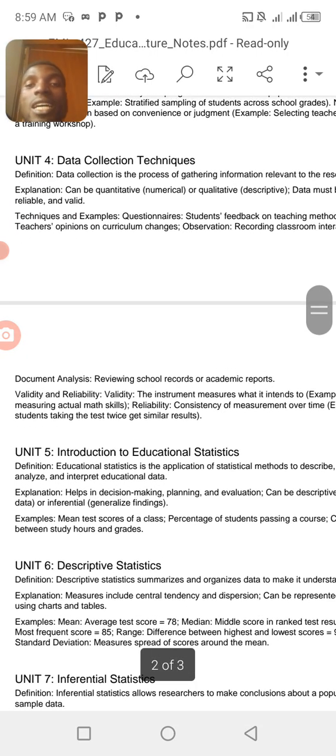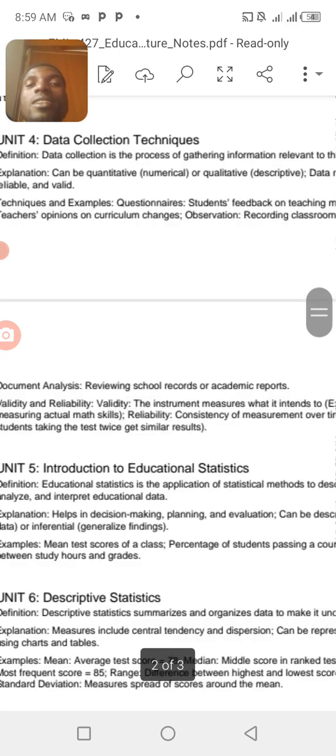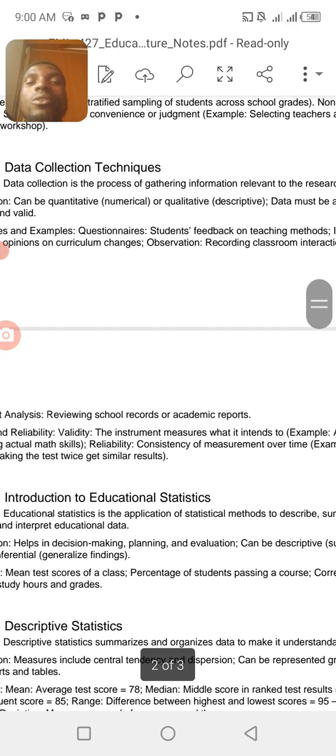It can be quantitative, which is numerical value, or qualitative, which is descriptive in nature. So quantitative has to do with numbers. That is why we say it's numerical, while qualitative has to do with what? Descriptive.